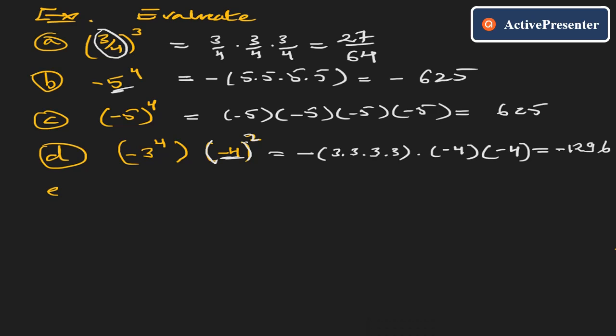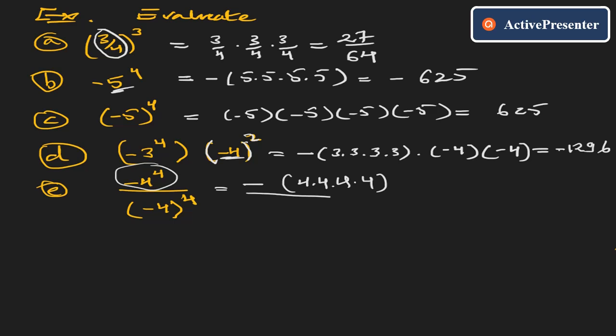Another question, -4 to the power 4 divided by -4 all to the power 4. Here the base is what? The base is 4, so the negative will go outside, then 4 multiplied in 4 multiplied in 4. We repeated it 4 times. Divided.